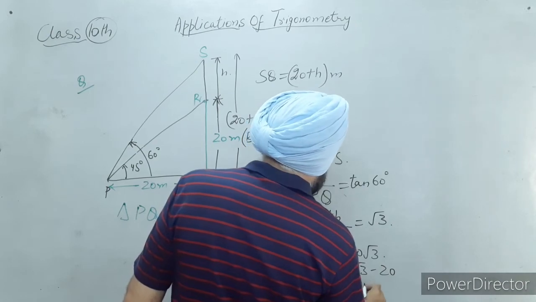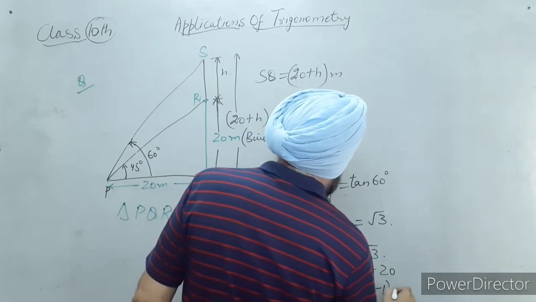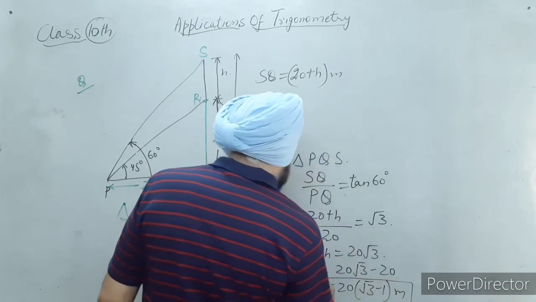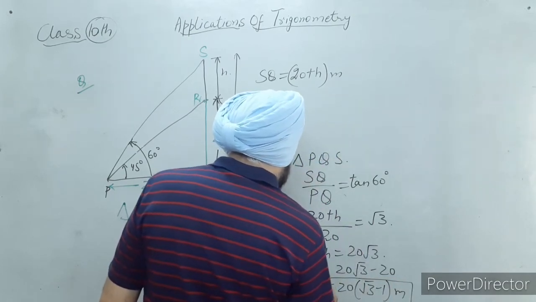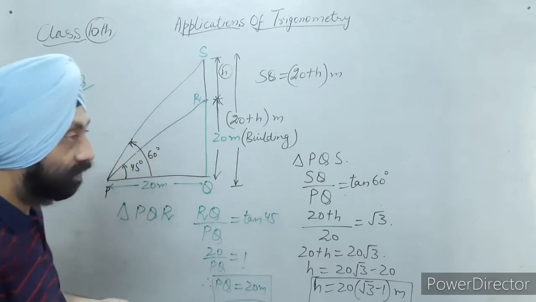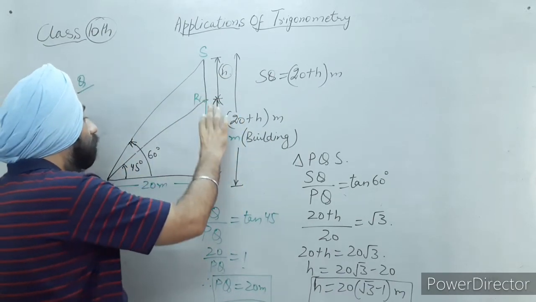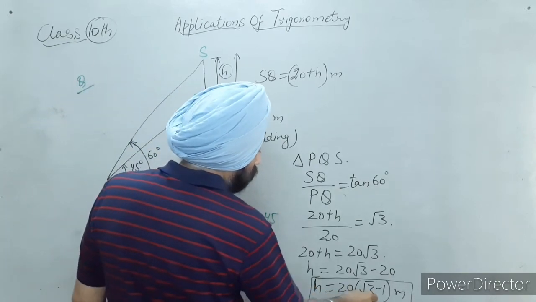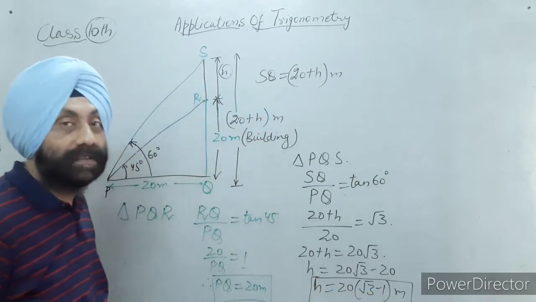Take 20 common from here. This is your answer. That is the height of this tower, which is fitted on top of a building which was 20 meters high, is 20 into root 3 minus 1 meters.